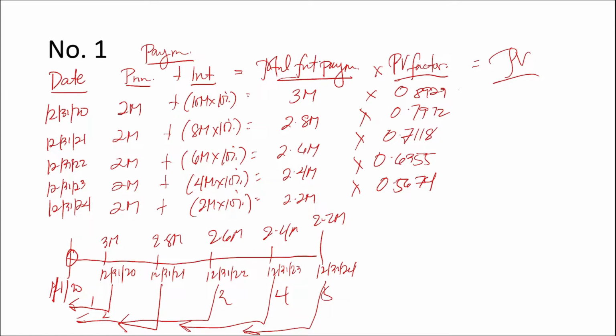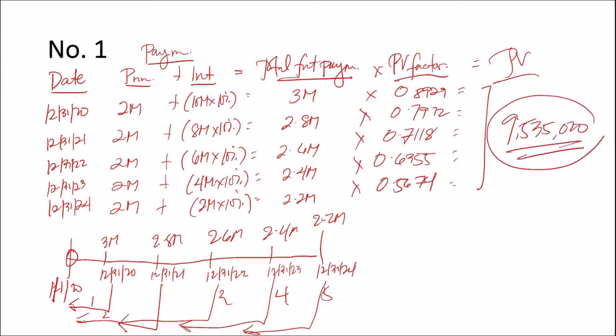Then, isa-isahin nyo sila, multiply the amount multiplied by their own PV factor, then add nyo silang lahat. So, magkano ang magiging sagot natin for number 1? Answer is 9,535,20 pesos. That will be your number 1.